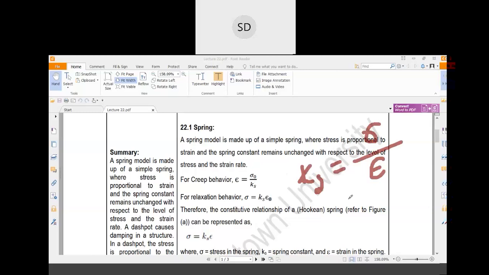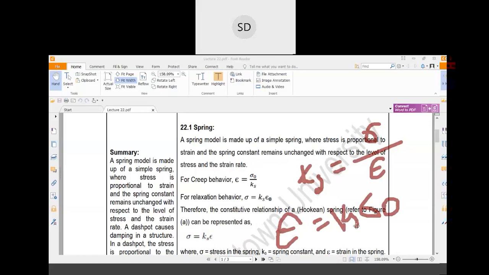Now for the creep behavior, which factor would be constant? Stress would be constant, therefore the rate of stress is 0. So for the creep behavior, you have to find out what the strain is. Your strain would be, for the creep condition, sigma 0 divided by the spring constant, where sigma 0 represents the constant stress.